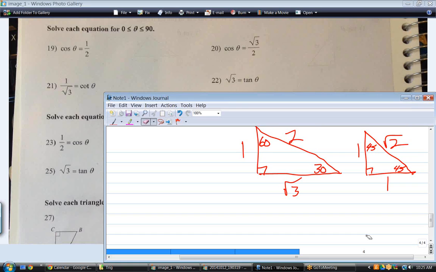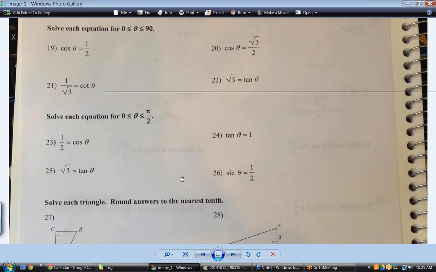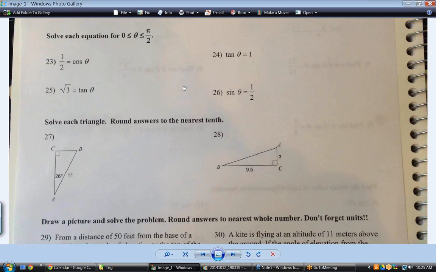Yeah, it must be the other acute angle. In other words, if this one gives you a 1/√3, the reciprocal is going to give you a √3/1.